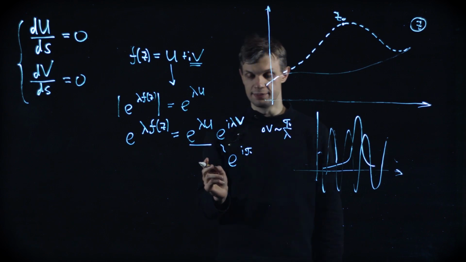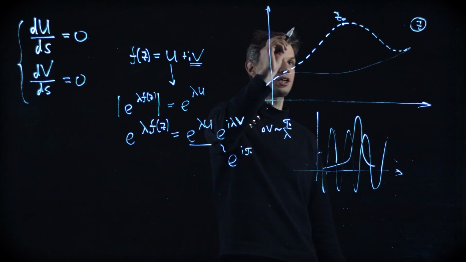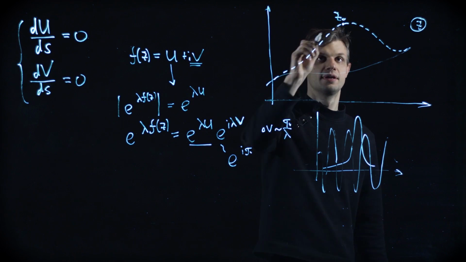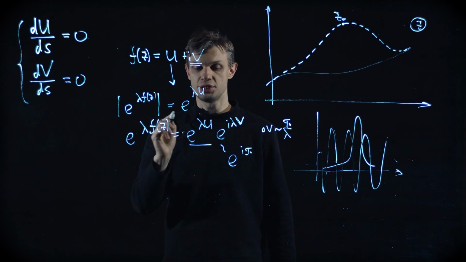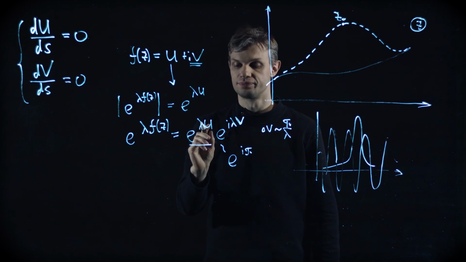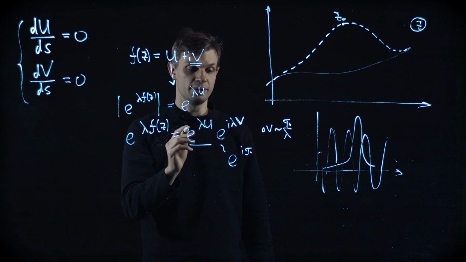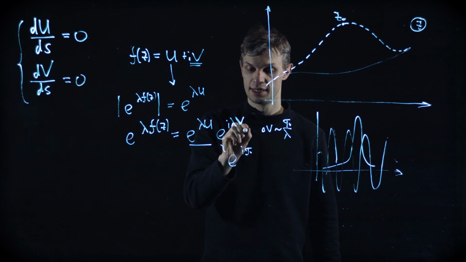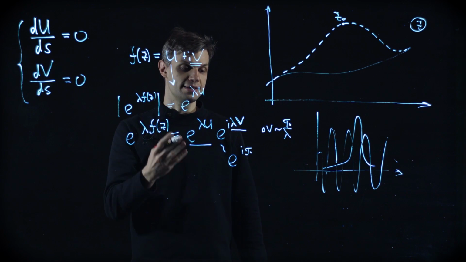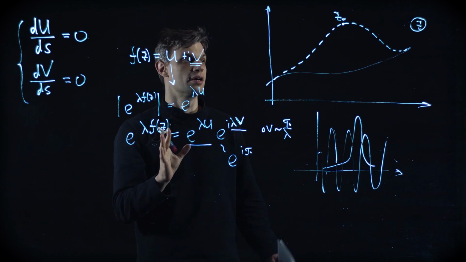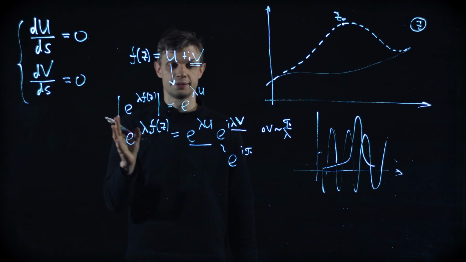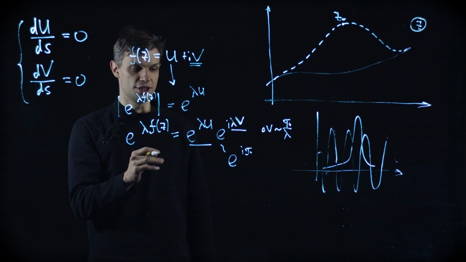So this should be avoided, which means that we should choose the direction of the path through the saddle point in such a way that the u function drops as fast as possible and the v function changes as little as possible. As we'll see in a second, these two conditions actually complement each other.